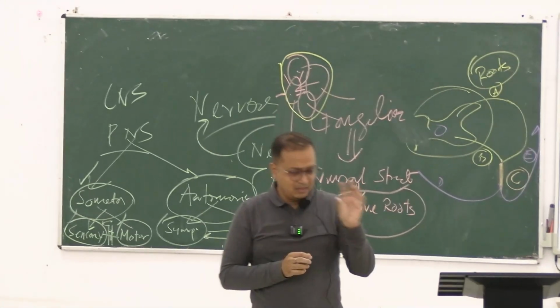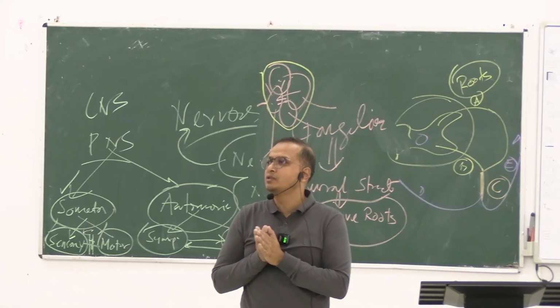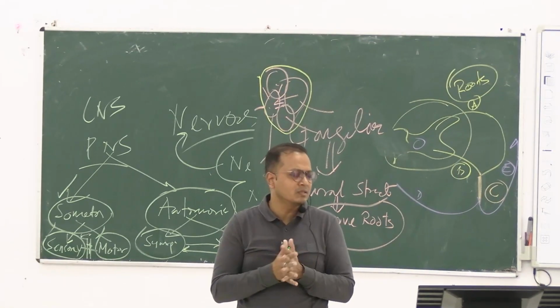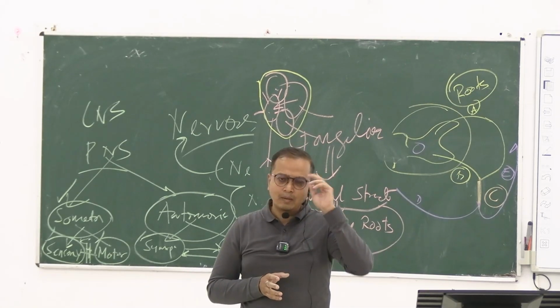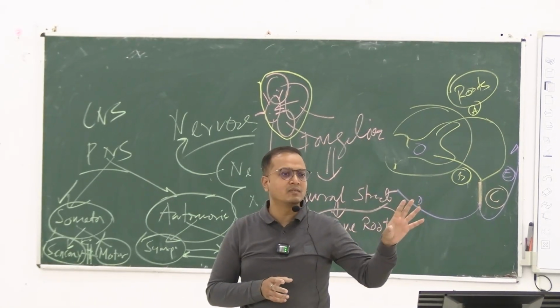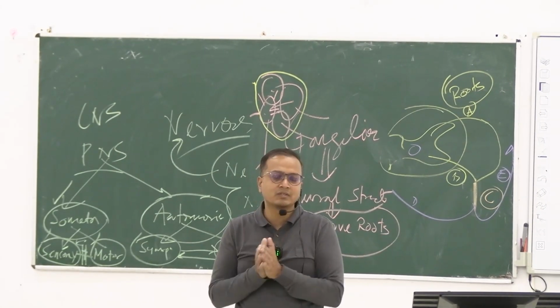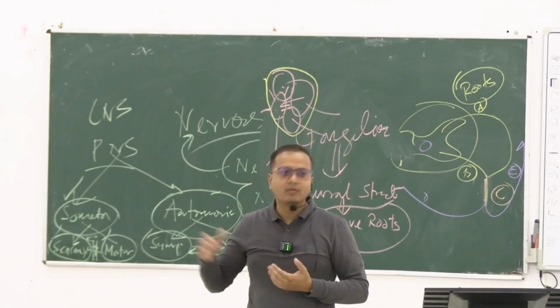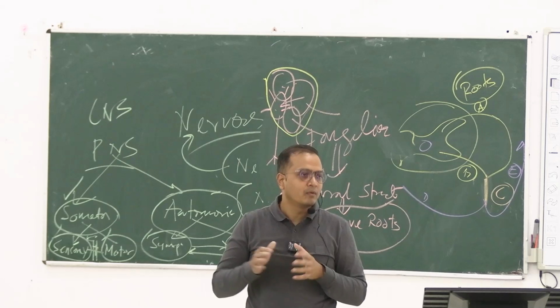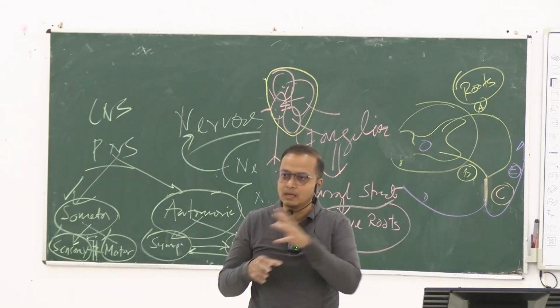So this is all in short about this particular neural tissue that you have to understand, or introduction of the neural tissue that you need to understand. You should be able to understand what you mean by the central nervous system, the peripheral nervous system, the subdivisions of what this central nervous system is composed of, what the peripheral nervous system is composed of, what are the subdivisions like autonomic and somatic.